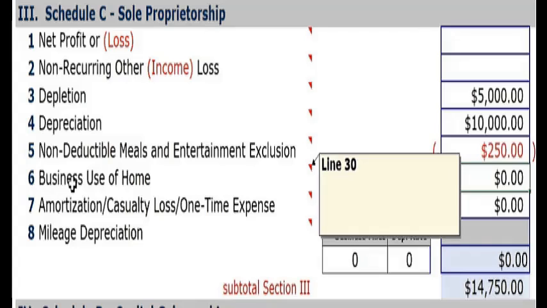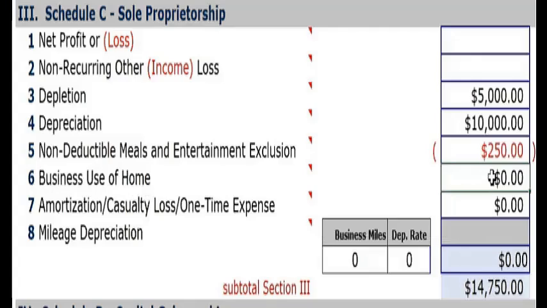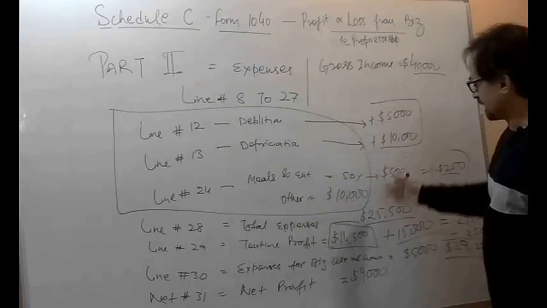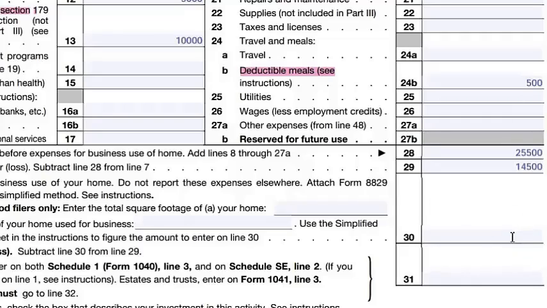Then they are telling us that 5,000 is their expense for using their home for business purposes. So in this form, their net profit is 40,000 minus total expenses 25,500. Their net profit is 14,500.